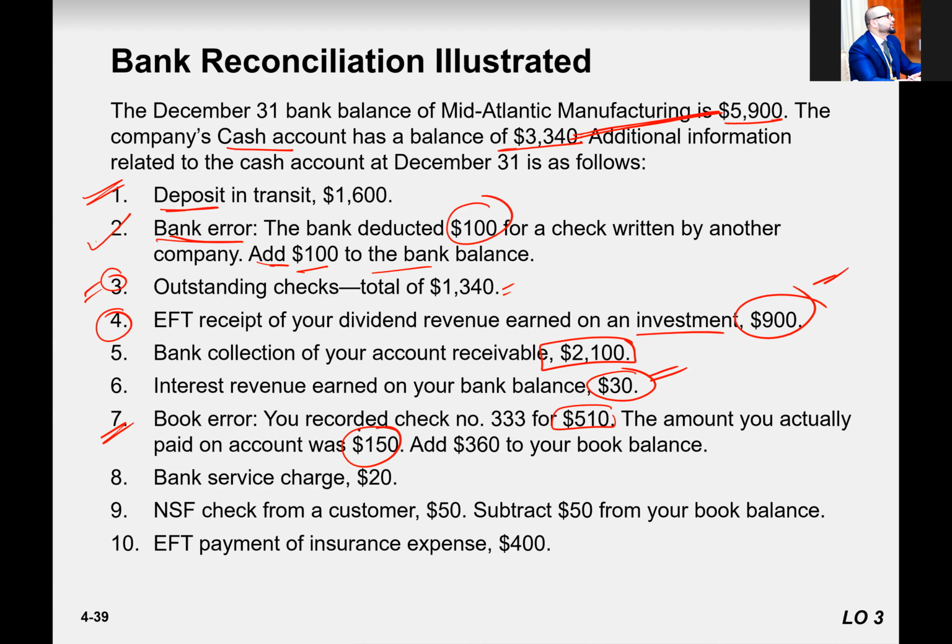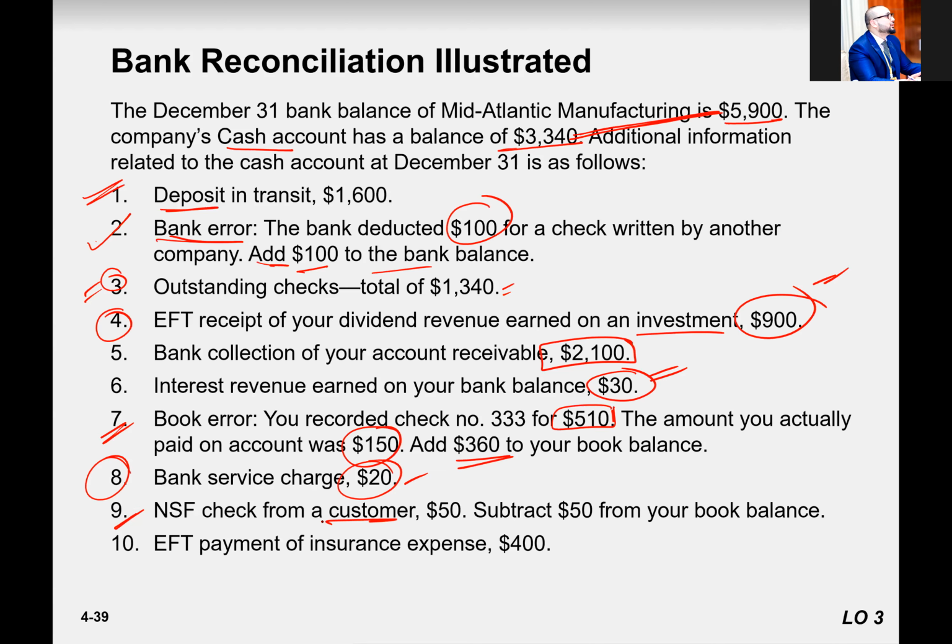So how much do you need to reverse in the entry? 360, right? Bank service charges: the bank has those charges in the bank summary, but you don't have that one. Then you will also write it down in your cash account or in your cash book.